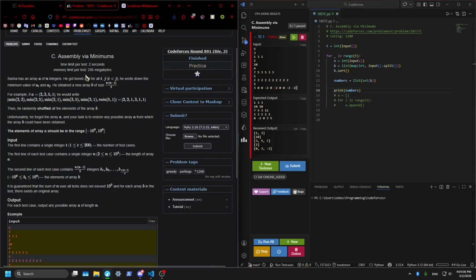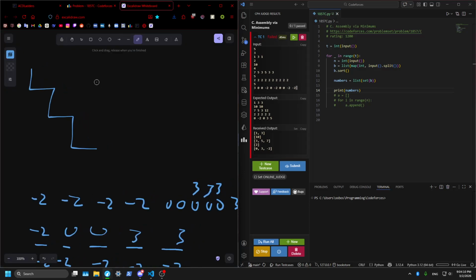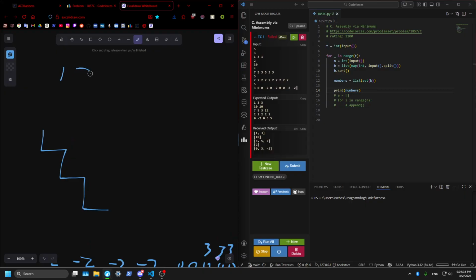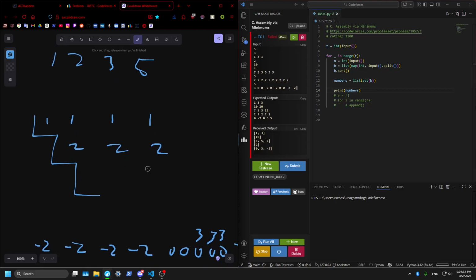In this case, A is 4, B is 6. So 2, 3, 5, 1 is 1, 2, 3, 5. It's like all of these are filled with 1 possibilities, 2 possibilities, 3 possibilities, 5 possibilities.